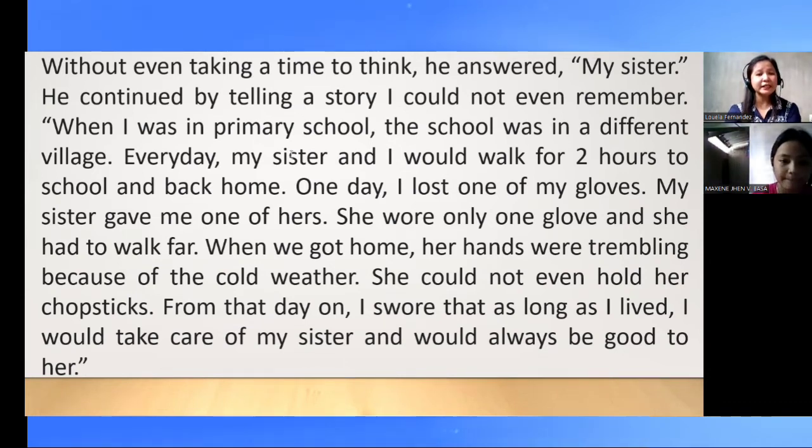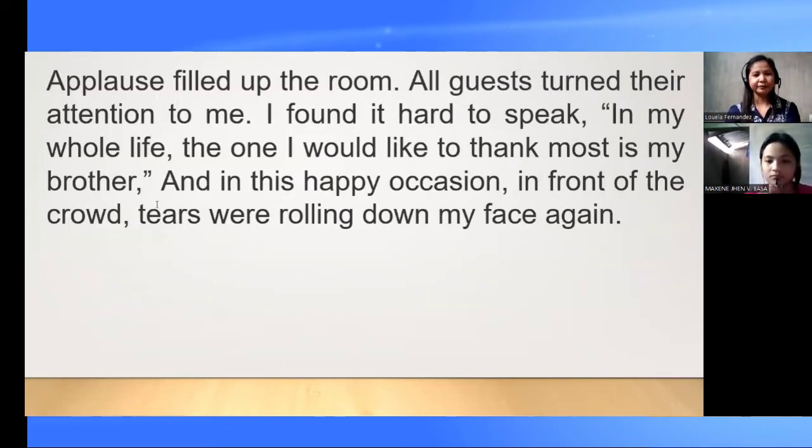The older sister gave hers to her brother. And then the brother got touched and said that from now on, I will protect you. I promise to protect my sister as long as I live, said the brother.